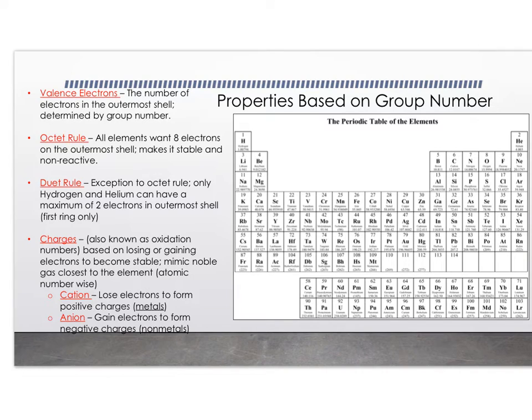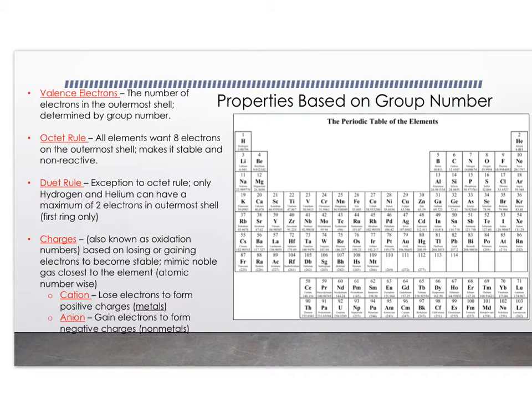Because the elements are arranged in a very specific way according to atomic number or proton number, we can identify different properties or characteristics of these elements. For example, the valence electrons, we've already talked about these, but these are the electrons in the outermost shell, and it's determined by the group number.